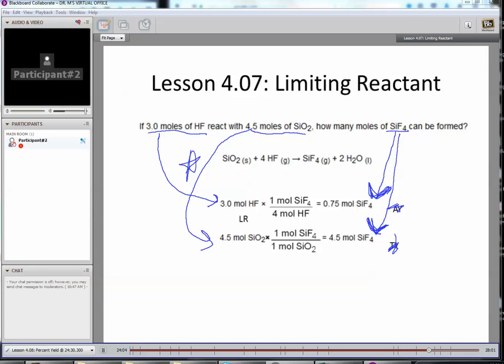Okay, so the lowest number is going to be the theoretical yield. And because it's the lowest number, we know that the reactant we used to get this lowest number is going to become the limiting reactant, okay? So this is what we could potentially get here.